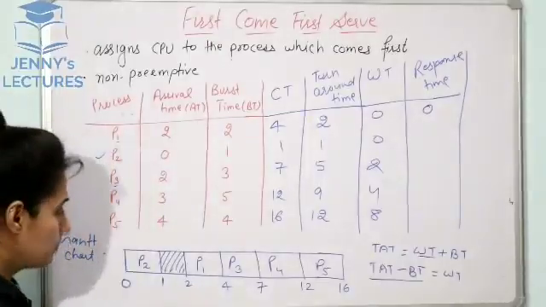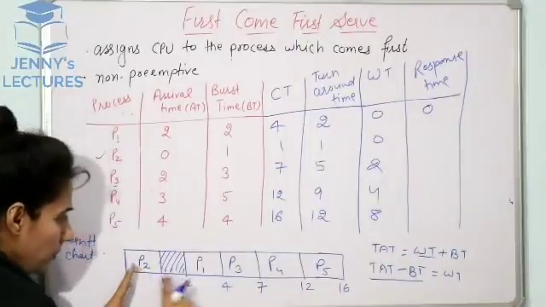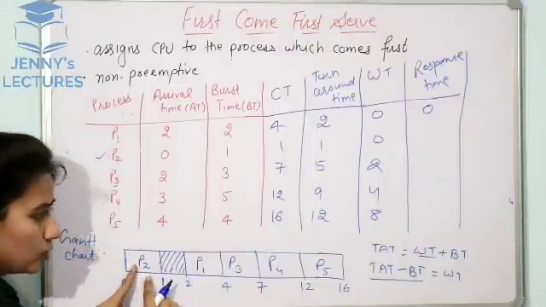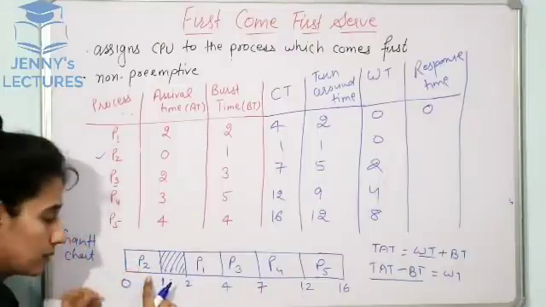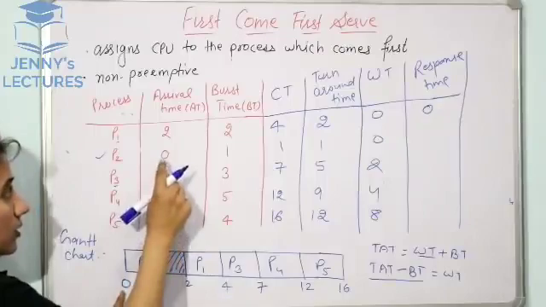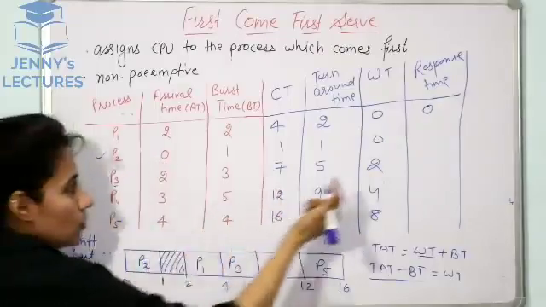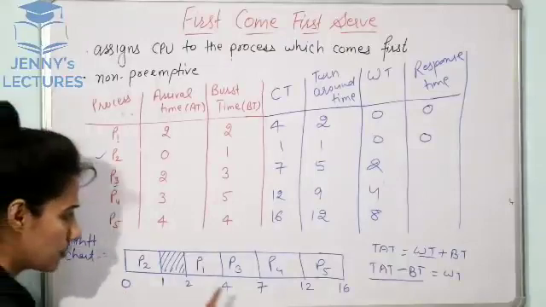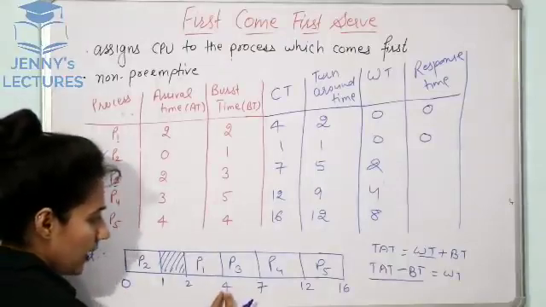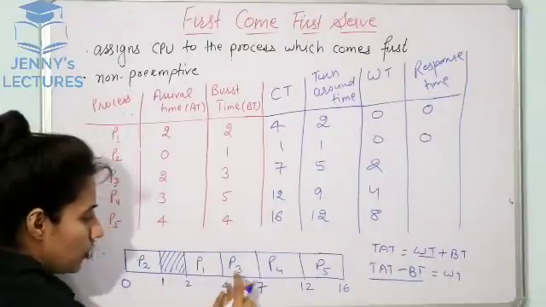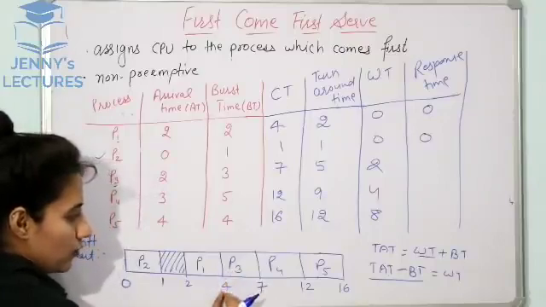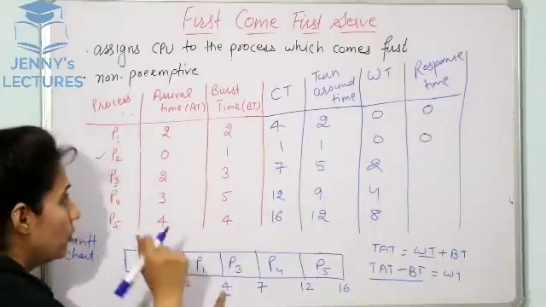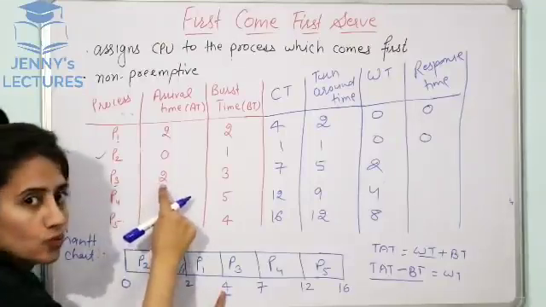Now check out for P2. At what time has the CPU been allocated to this P2 first time? At time 0, and the arrival time of P2 is 0. So response time is 0 minus 0, that is 0 only. For P3, first time at time 4 the CPU has been allocated to P3, and the arrival time of P3 is 2.